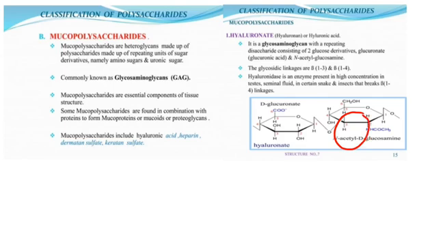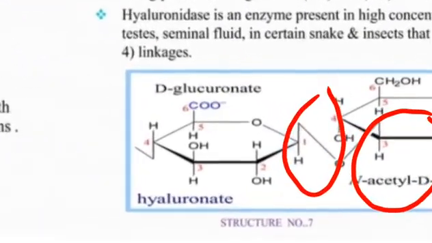This is carbon 3 of N-acetylglucosamine and then carbon 1 of D-glucuronate. See it? Carbon 1 of D-glucuronate and carbon 3 of N-acetylglucosamine.